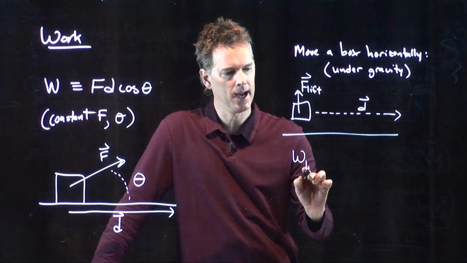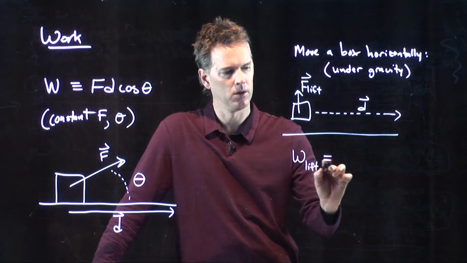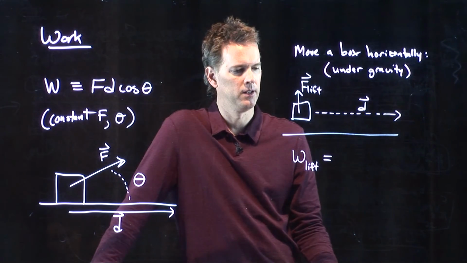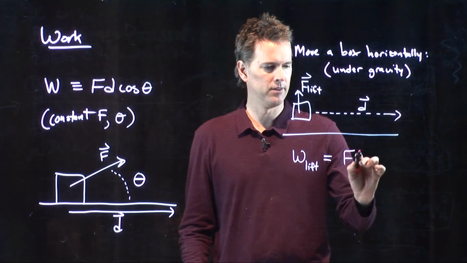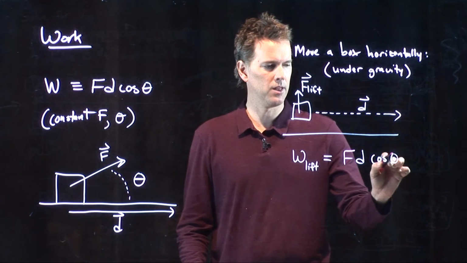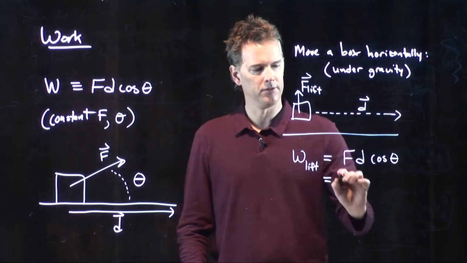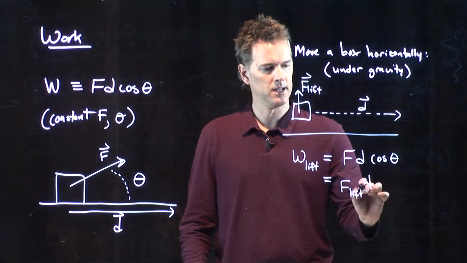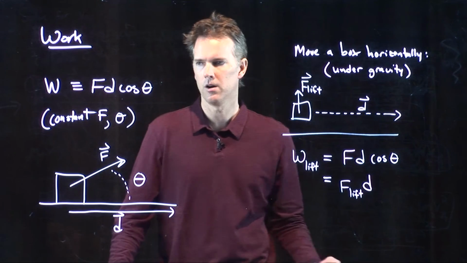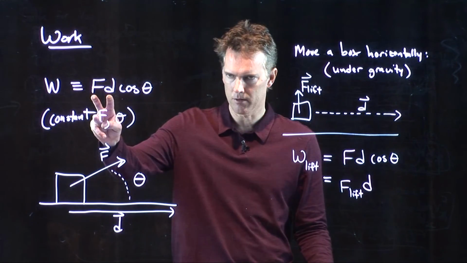The work that we have to do, our lift force over that distance, is going to be this, F d cosine theta. F is just the lifting force. D is the distance that we go. Those are scalar quantities.